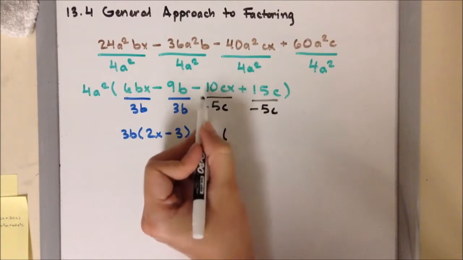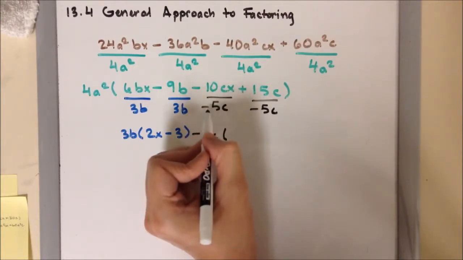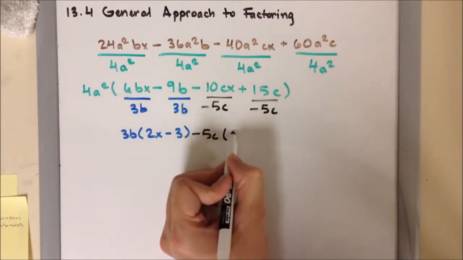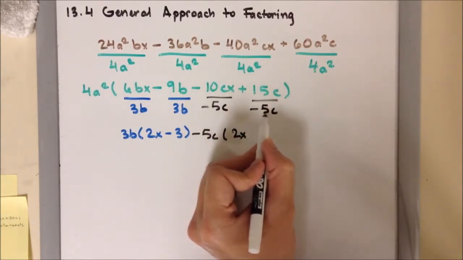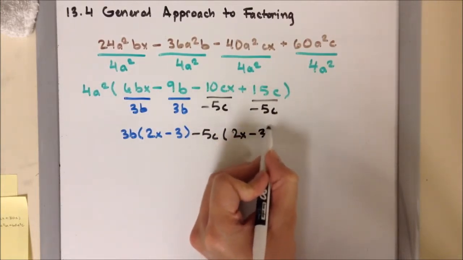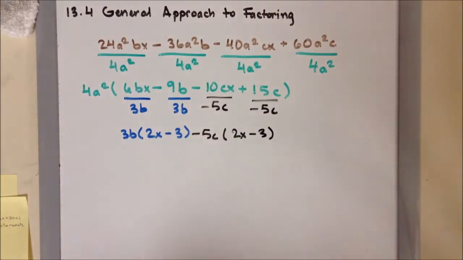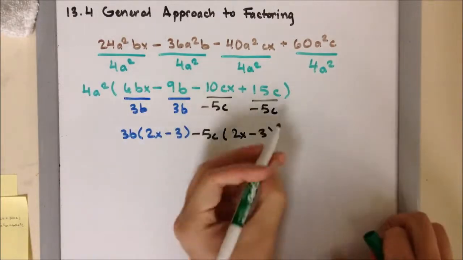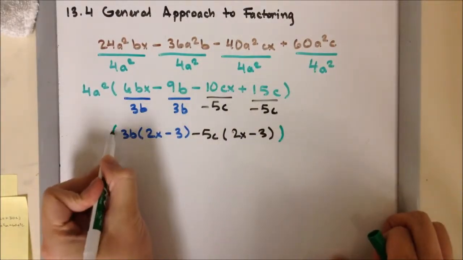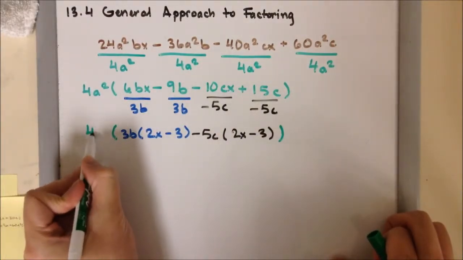So here's my parenthesis. So negative 10cx divided by negative 5c is just 2x. 15c divided by negative 5c will be minus 3. And then close parenthesis. Don't forget, I still have my GCF outside, so let me put my parenthesis, then the GCF, 4a squared.